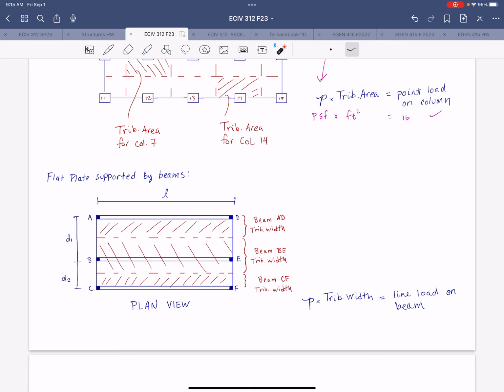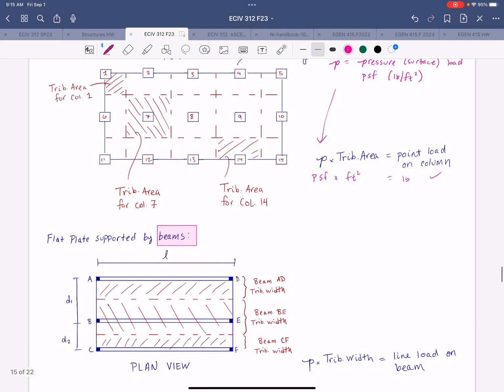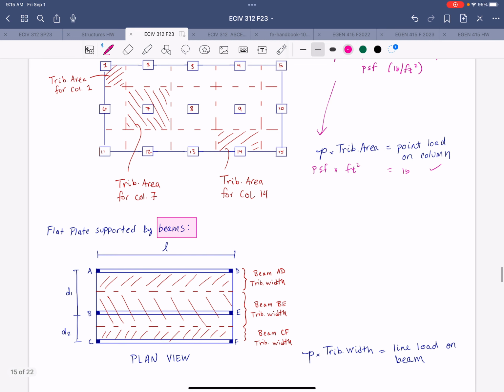All right, so this is a one-way floor system, and since we are looking at the beams that are directly supporting the floor plate, what type of load are we looking for on these beams, right? So previously we condensed a surface load to a point load to the columns. Well, what about beams? What would you expect to see the load?